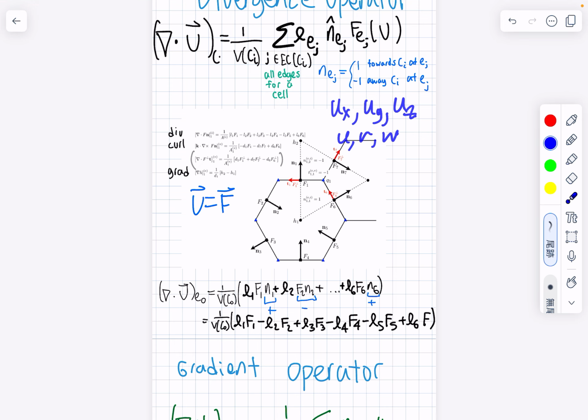These are our velocities in the x direction, y direction, z direction. Well, if we're talking about a sphere, we can say u lambda, maybe, and then u phi and uz. These would be our longitudinal, latitudinal, and z velocities. How can we do this?